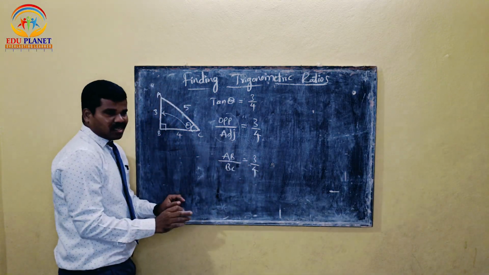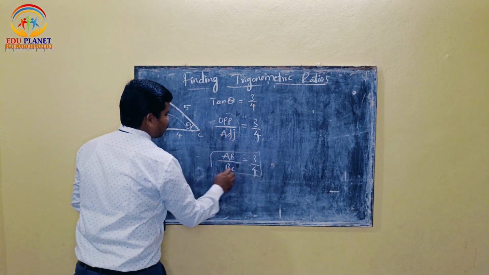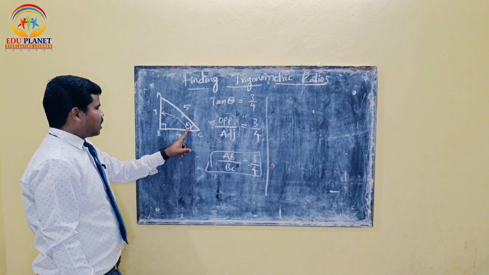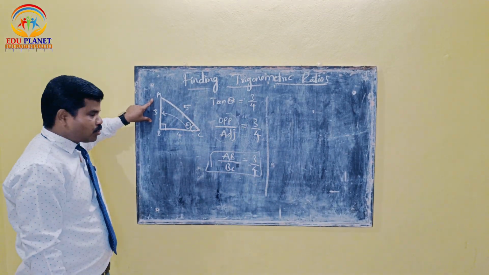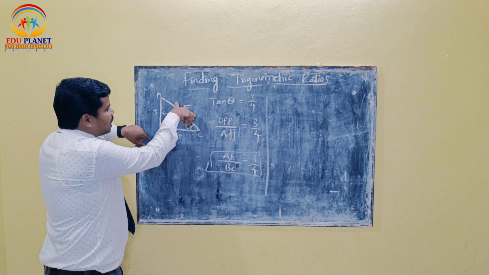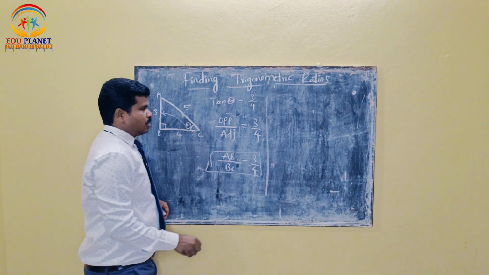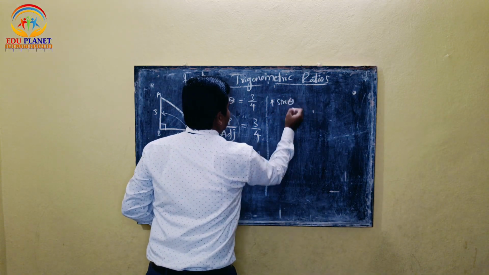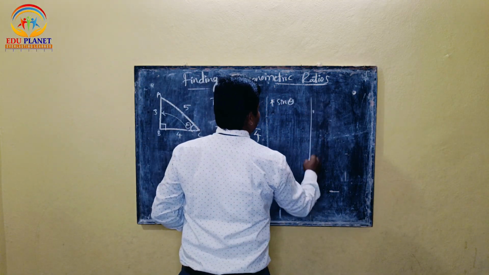This is very crucial information for us. So now easily we can say, for this theta, AB will be the opposite and BC will be the adjacent. AC is the hypotenuse. Now we can find whichever trigonometric ratio we need with the help of them.